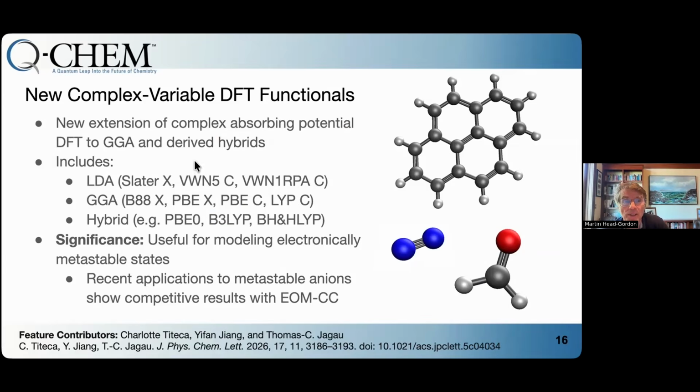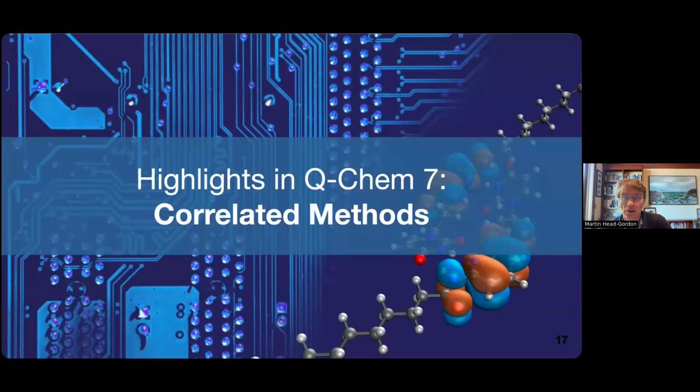And this has now been extended to DFT through work in Thomas Jagau's group. And the results are quite encouraging. They're much, much cheaper than coupled cluster theory, and yet the accuracy appears to be competitive. All right, so that's a charge through density functional theory.